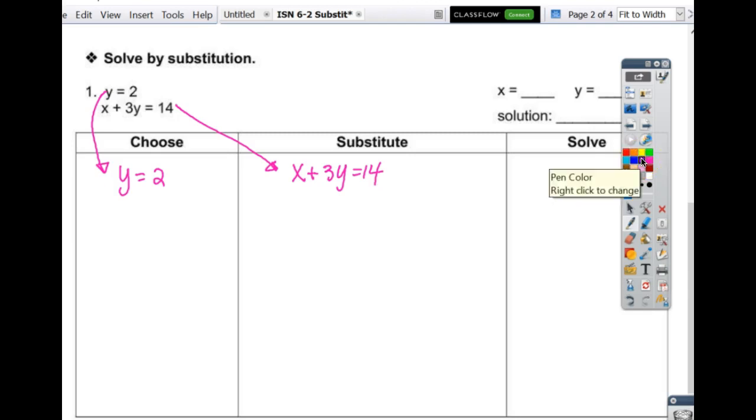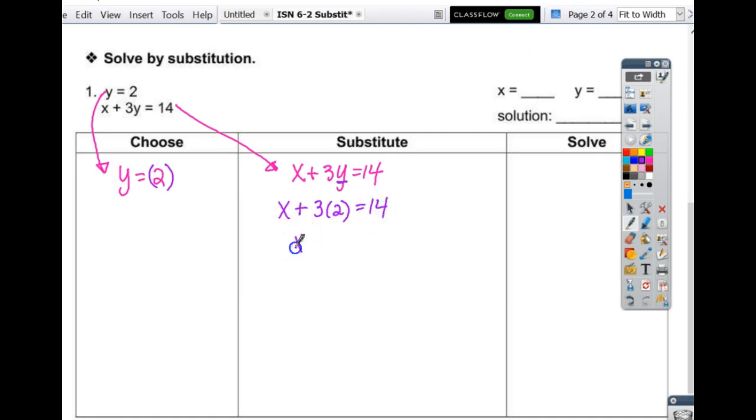And what you're going to do is put parentheses around whatever is on the other side of the y equals. And this time it's 2. So I'm going to take this 2, and where I see a y over here, I'm going to put it where the parentheses is. So I'm going to write x plus 3 times 2 equals 14.